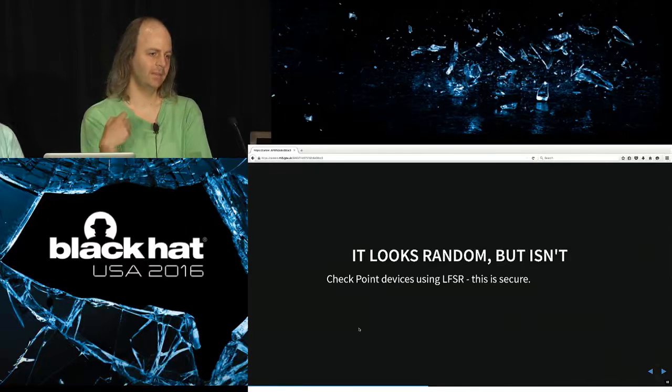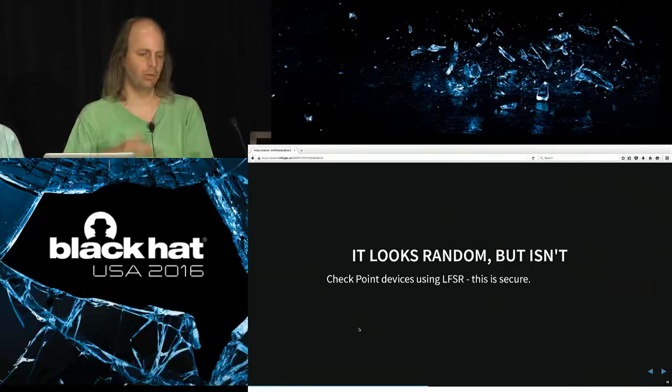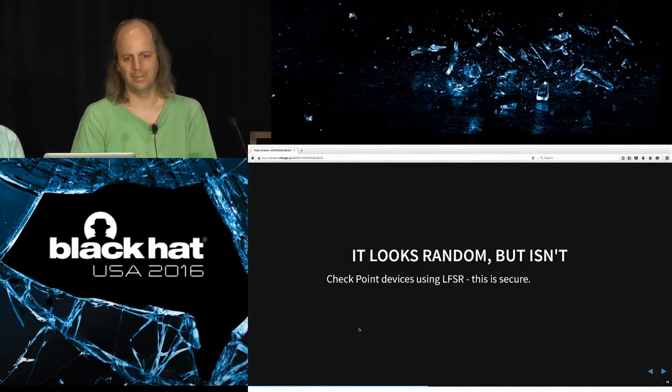Checkpoint told us that they are using a linear feedback shift register, which also goes through the whole space of the 64-bit nonce, so it's equally secure as a counter. But this was a bit surprising, and we had to adapt our scanning tools so that they would filter out these LFSR values.